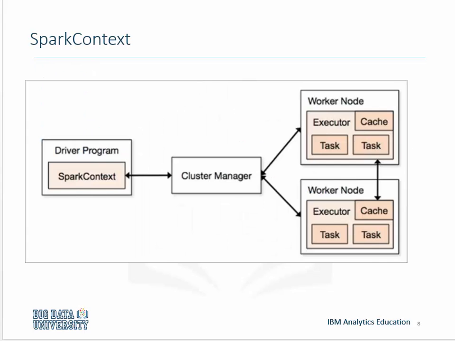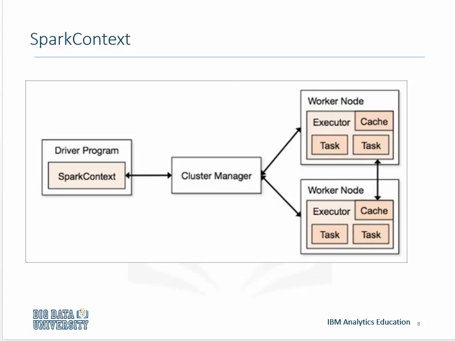The entry point to SparkR from the R environment is the Spark context. This connects your R program to a Spark cluster. The first step in any Spark application is to create a Spark context.